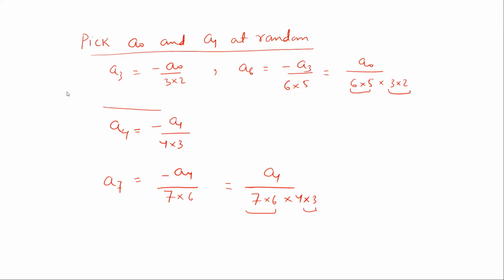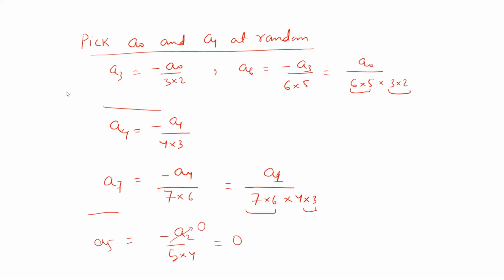So a_7 we get in terms of a_4, so a_4 and a_7. Now we are getting this problem in terms of a_1. Also we have seen a_5 is equal to minus a_2 upon 5 into 4, and since a_2 is 0, it is 0.